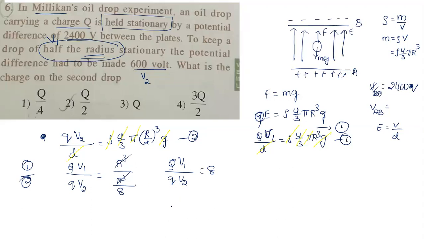I need to find small q, so q equals Q V1 divided by 8 V2. The 8 comes down and Q goes to this side.